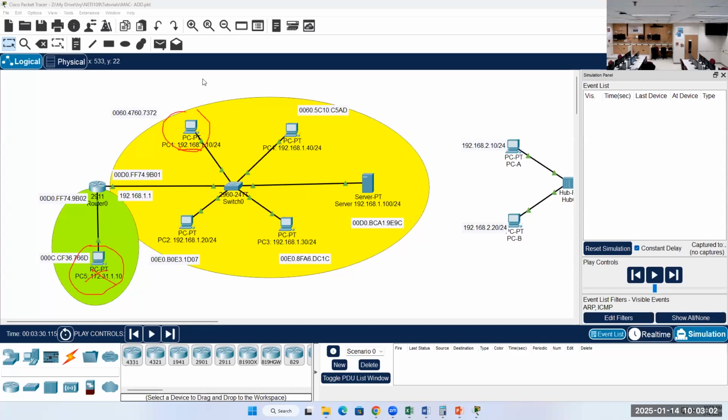So this guy is not on the same network. You have to send it to the default gateway, and you know that the default gateway is the one who delivers everything. He maintains the routing table, and he knows how to deliver it to the destination.